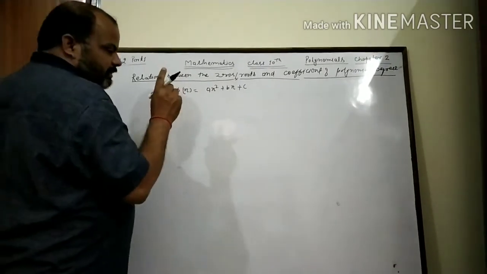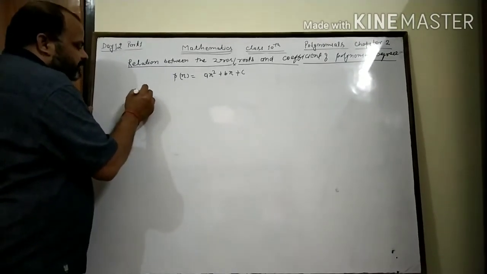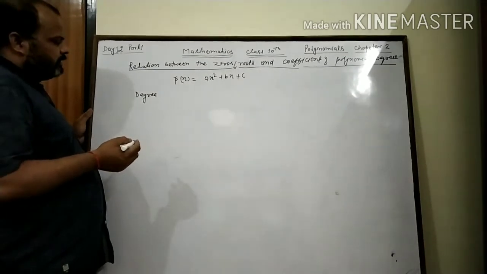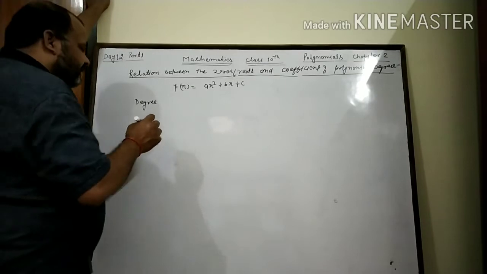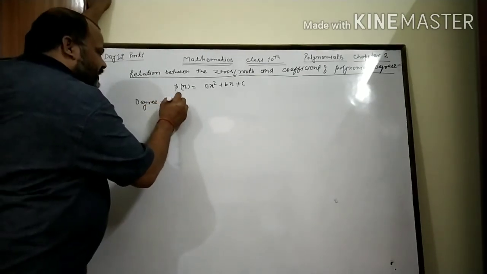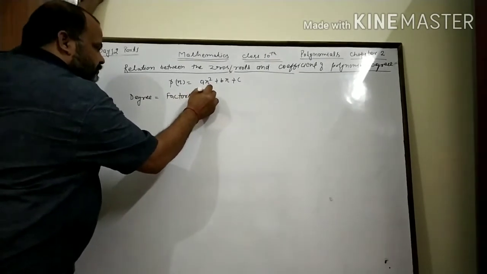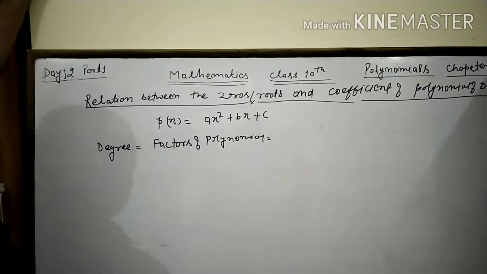Then in our class we already saw degree. What did we get with the help of degree? We can find the factors of the polynomial. It is already discussed in the class.